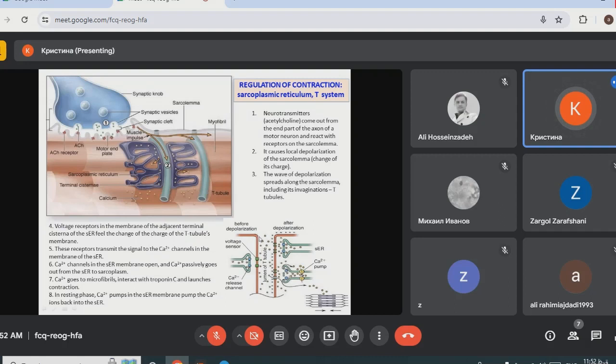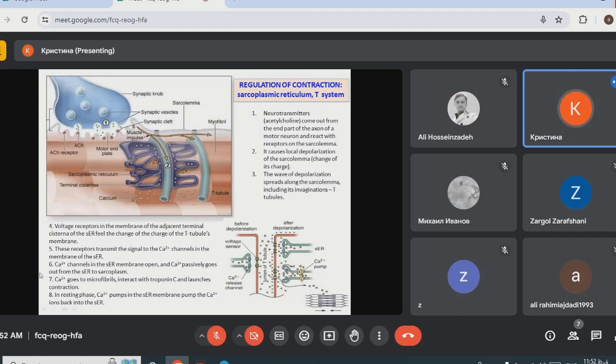And when these receptors feel that the membrane charge of the T-tubule changed, it will cause step 5, the opening of the calcium channels inside the membrane of the smooth endoplasmic reticulum.